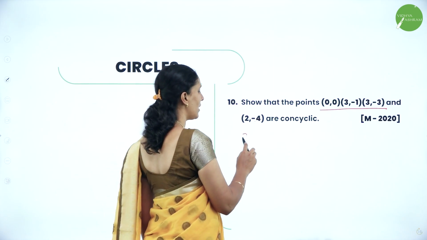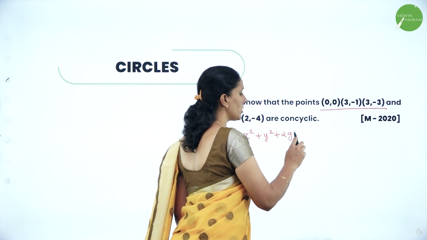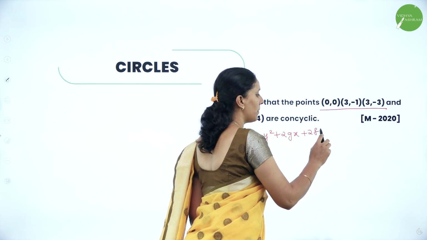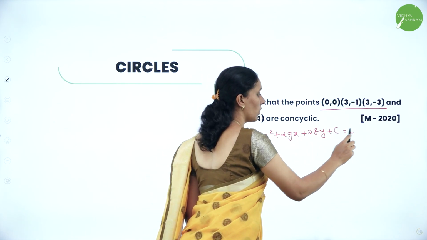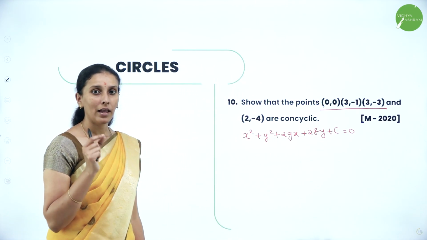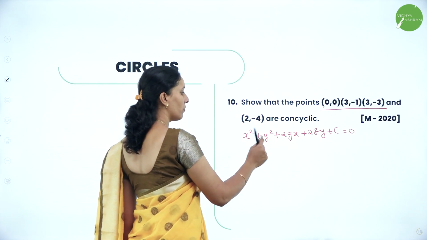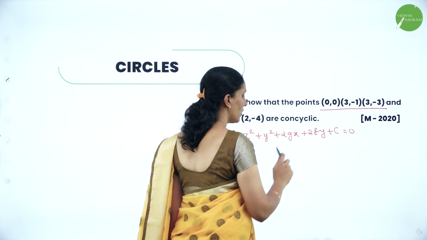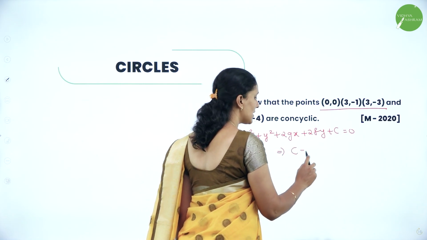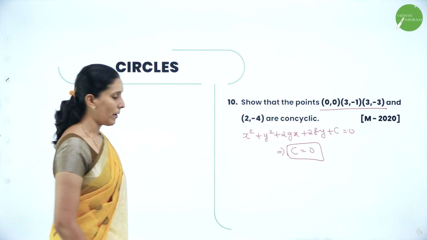Now we know the standard equation, that is x square plus y square plus 2gx plus 2fy plus c is equal to 0. So if (0, 0) is on the circle, then x and y should be taken as 0. So from this term, we will get c is equal to 0. Next, we will take (3, minus 1).